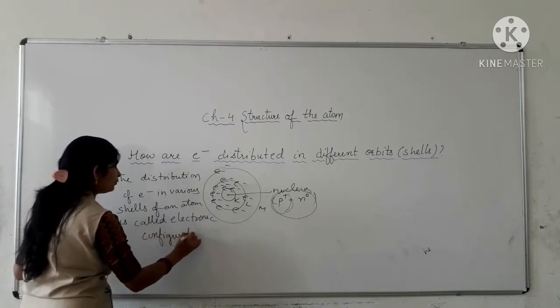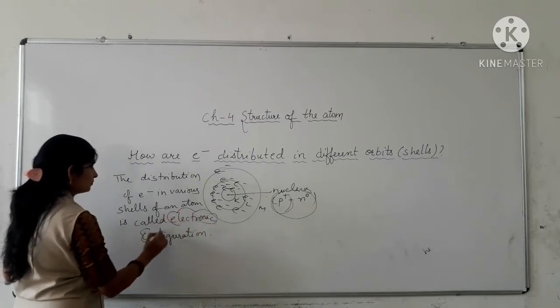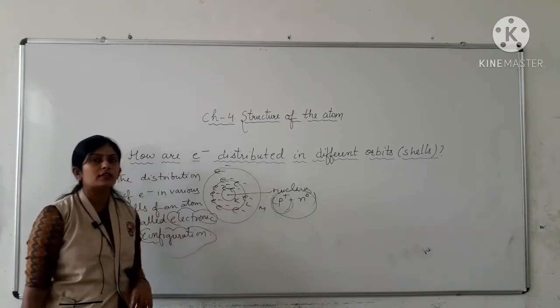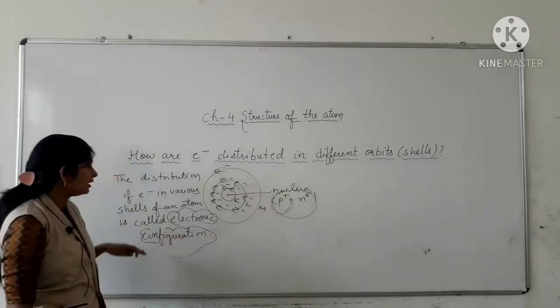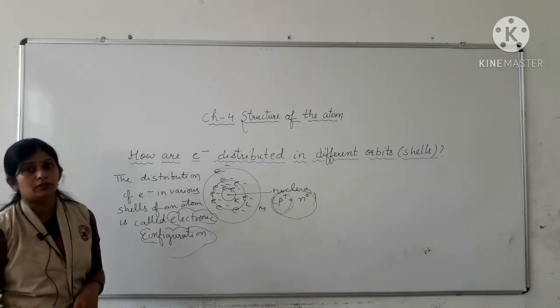So you have to remember this point. The distribution of electrons in various shells or orbits of an atom is called electronic configuration or electronic distribution.